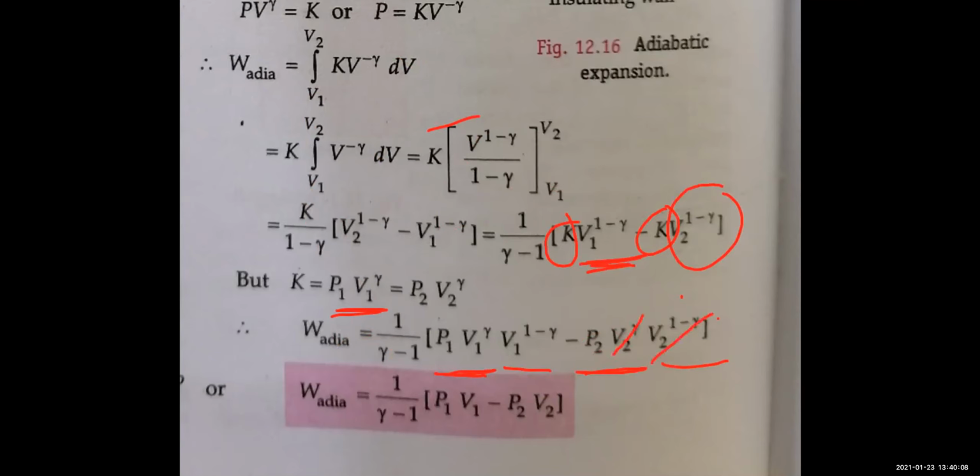What you will be left with is V2. Similarly, V1 raised to gamma and V1 raised to minus gamma will get cancelled and you will be left with V1. So your equation of work done for an adiabatic process is 1 upon gamma minus 1 bracket P1 V1 minus P2 V2. This is your equation for work done.